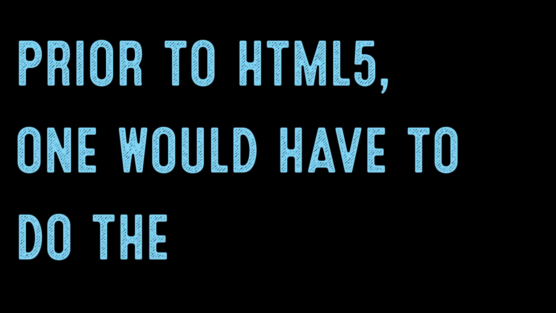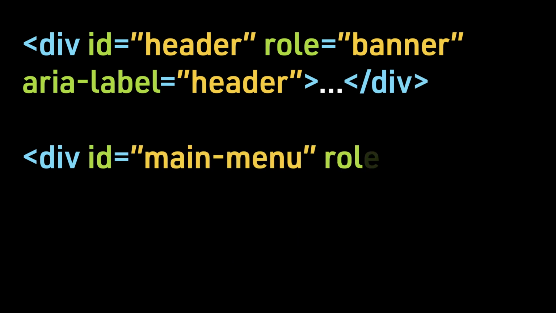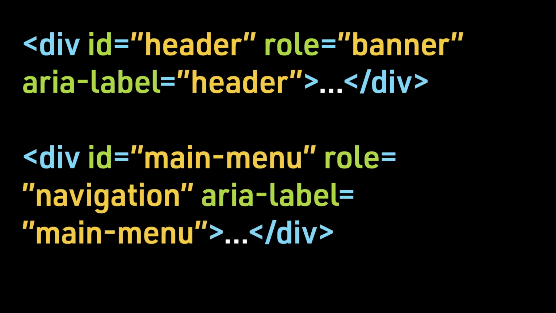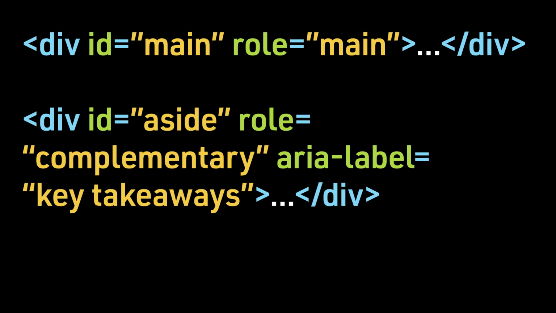Prior to HTML5, one would have to do the following. Div, ID equals header, role equals banner, ARIA label equals header, end div. Div, main menu, role navigation, ARIA label main menu, end div. Div, ID main, role main, end div.